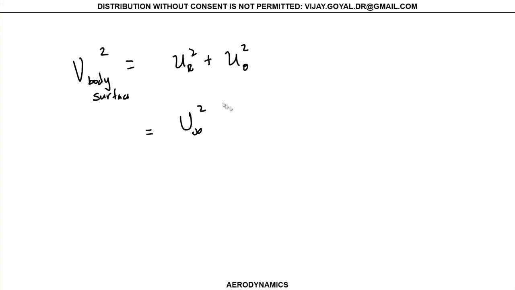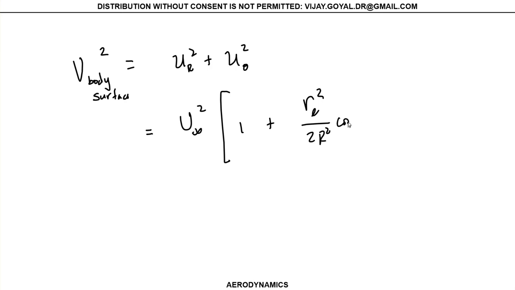So we move on and we want to know what's the velocity on the surface. The body surface velocity squared would be ur squared plus u theta squared, and we already showed you this. So we can replace these values in here, plus RL squared over 2 times R squared. Now I have this expression.